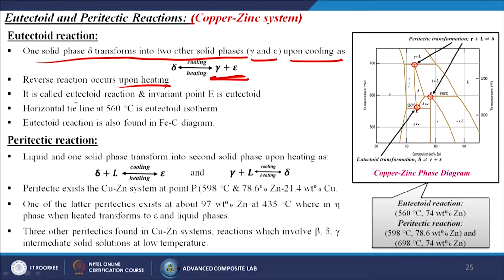Invariant point E is the eutectoid point, where delta changes into gamma plus epsilon. The horizontal tie line at 560 degree centigrade is the eutectoid isotherm. Eutectoid reactions are also found in iron carbon diagrams.